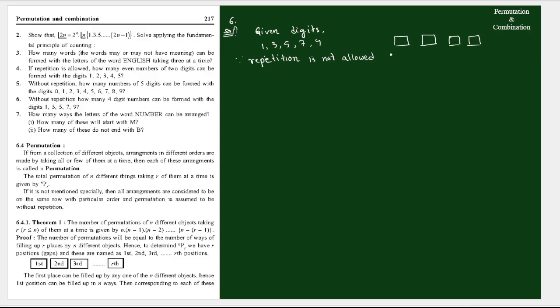Okay, so first place, how many ways? How many digits? 1 2 3 4 5. So 5 ways. Repetition is not allowed, so 4 ways, 3, 2 ways. First place can be filled in how many ways? 5 ways.